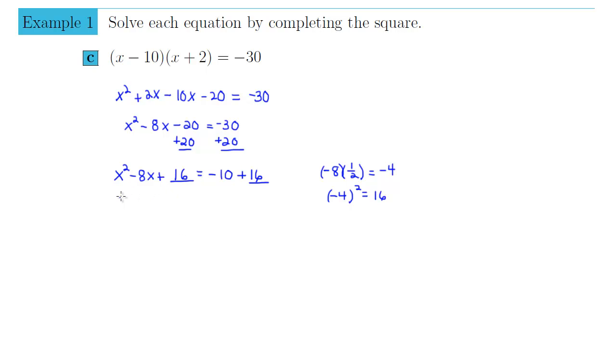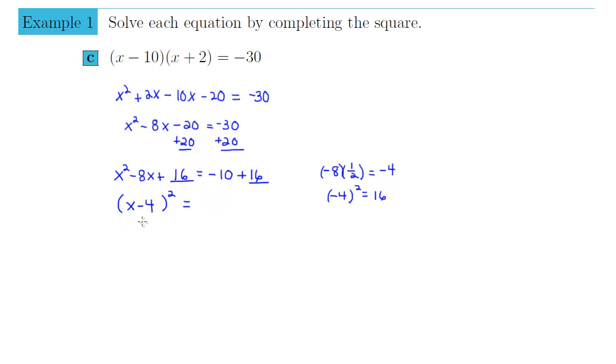We now factor our perfect square trinomial. It's a binomial square, and that binomial is x, and then using our magic number, minus 4. So x minus 4 quantity squared is simply equal to x squared minus 8x plus 16.